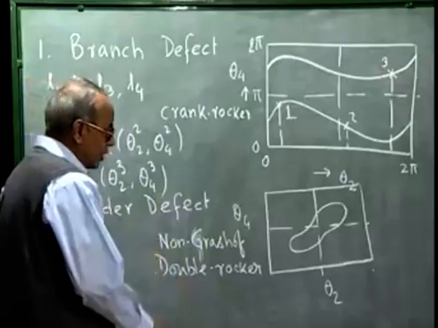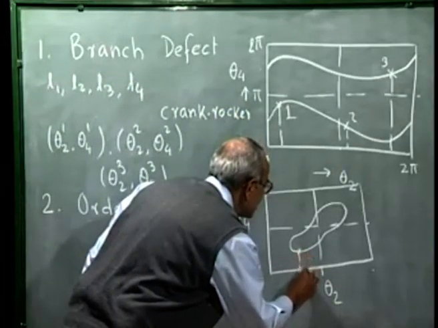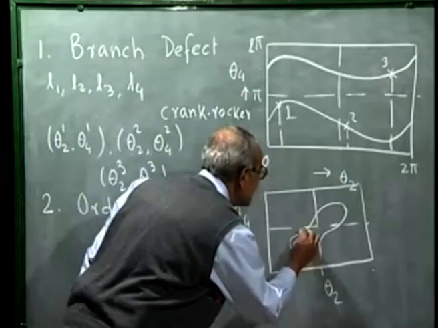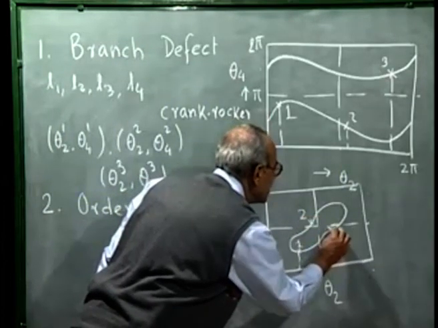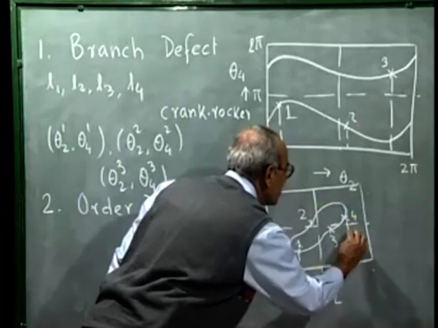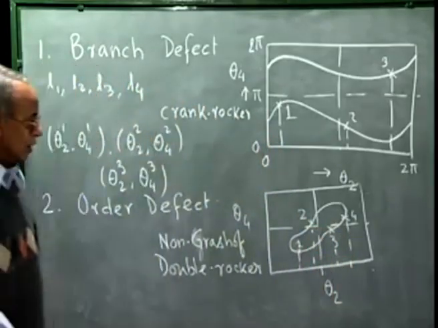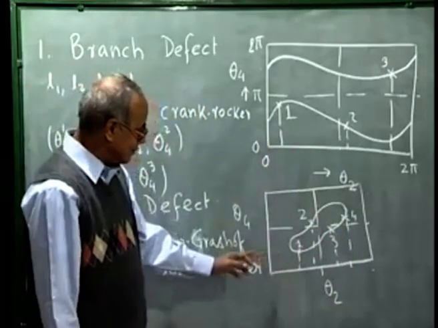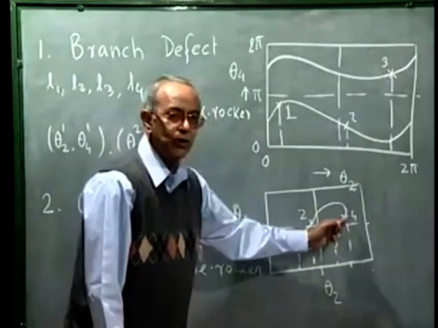But suppose we go for a 4 position synthesis, and the points are like this, this is point 1, this is point 2, this is point 3, and this is point 4. So, we want to attain these 4 combinations of theta 2 and theta 4, 1, 2, 3, 4.